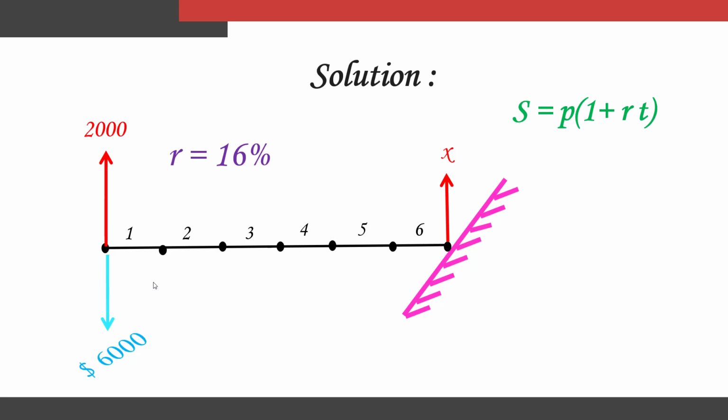Value of old obligations equals value of new obligations, so the amount of $6,000 after 6 months equals the amount of $2,000 plus X, and we can get X. Or, the second way: we can subtract $2,000 from $6,000, so we have $4,000 now. If we get the amount for $4,000 after 6 months, it will be equal to X.